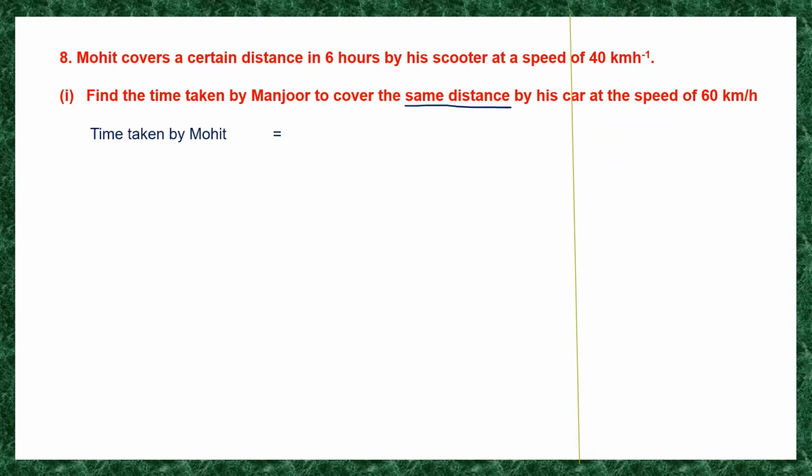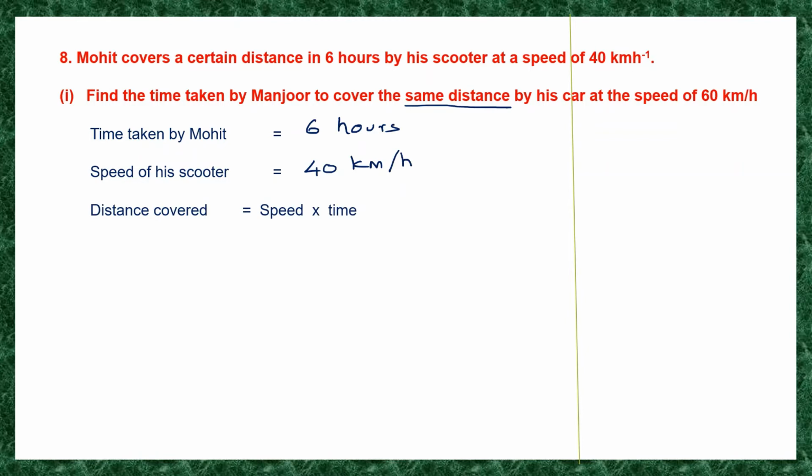Time taken by Mohit is 6 hours. Then the speed of his scooter is 40 kilometers per hour. Now we need to find the distance covered, that is speed into time. Speed is 40 kilometers per hour and time is 6 hours.